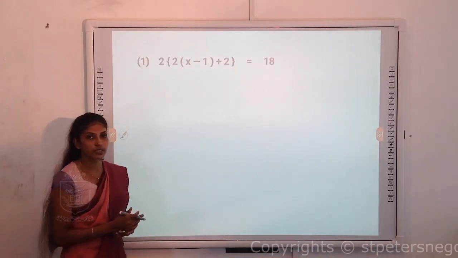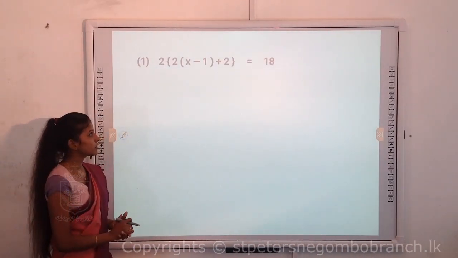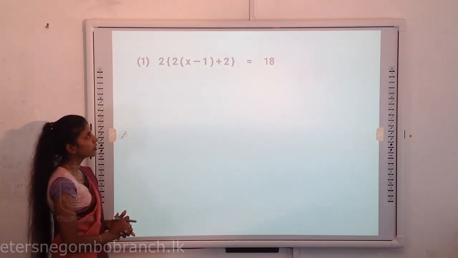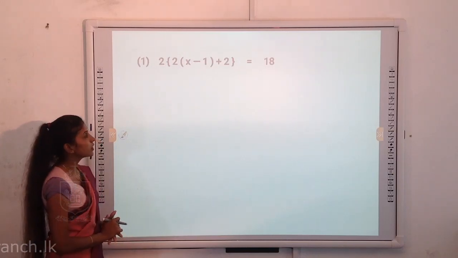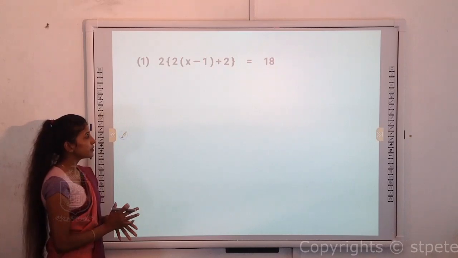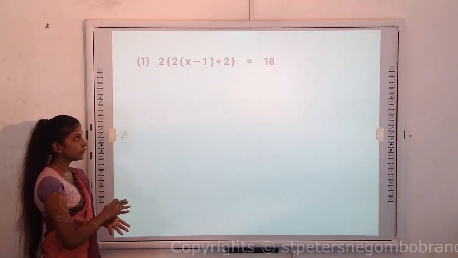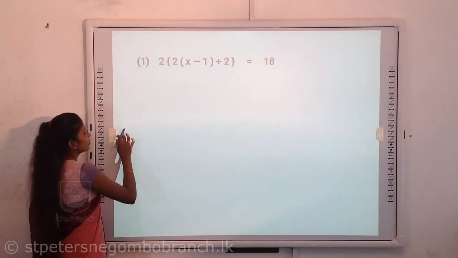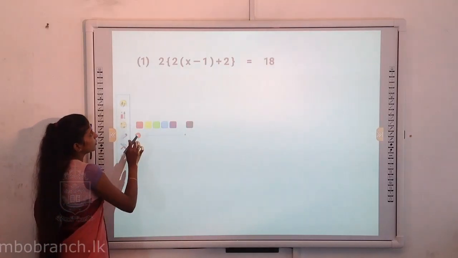Okay, so let's do some calculations based on those types of brackets. Here you can see the curly bracket is there and the innermost parenthesis can be observed. Now there are two ways of doing this. First, like the previous example I told you in simplifying brackets, I'm going to cancel the outermost number.